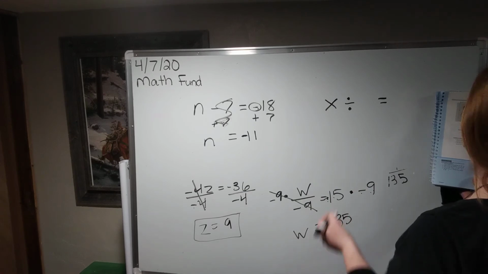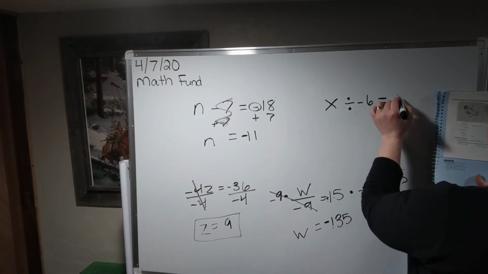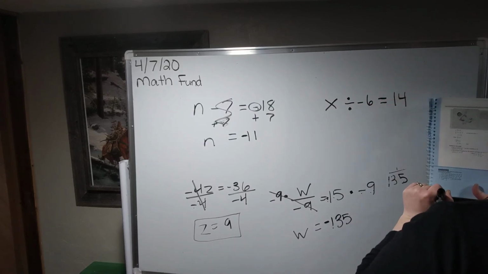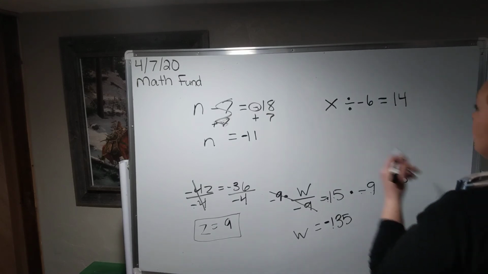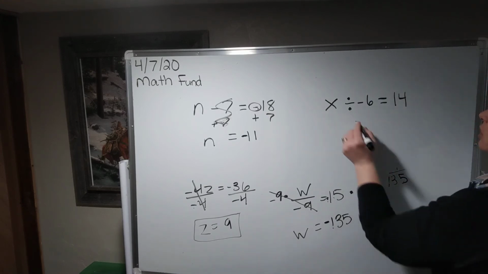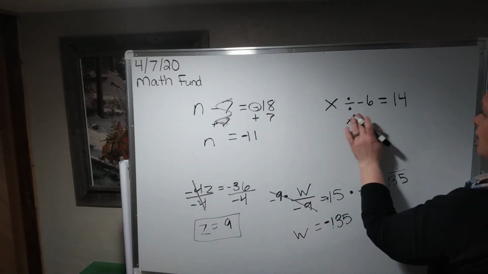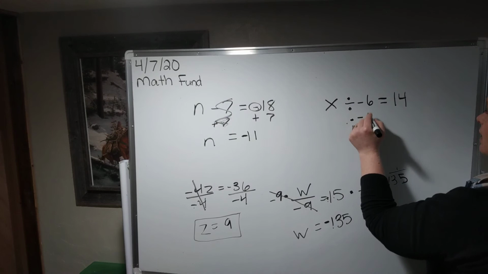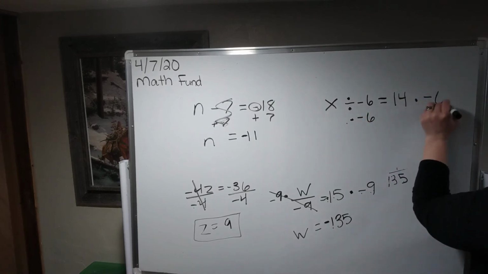The quotient of an integer and negative 6 is 14. So now we have a problem that we can solve. Okay, what's the opposite of division? Multiplication.